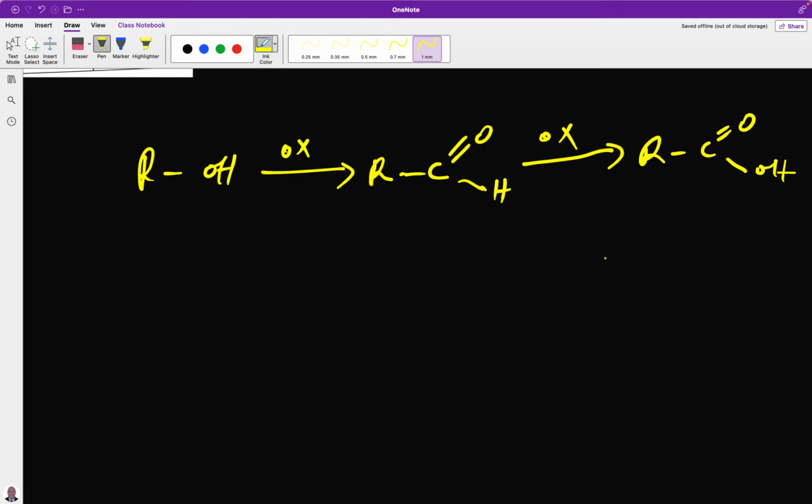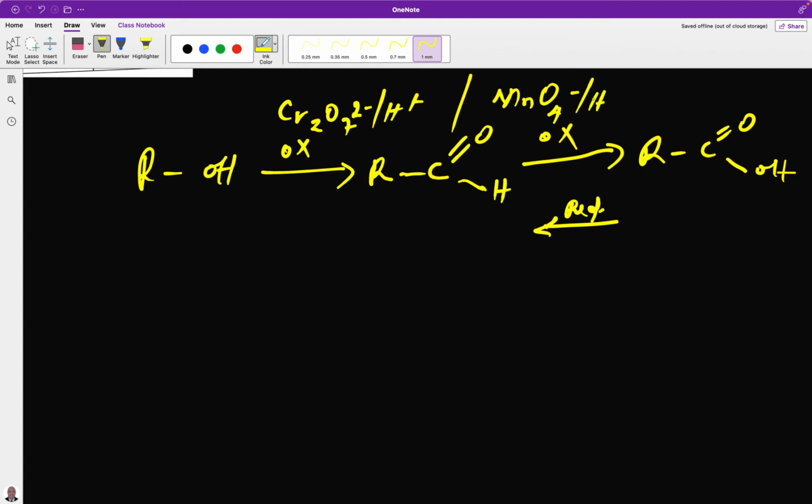There is a reverse. The same way we reduce this. In oxidation, we will use either acidified potassium dichromate(VI) or acidified potassium manganate(VII). That is for oxidation.